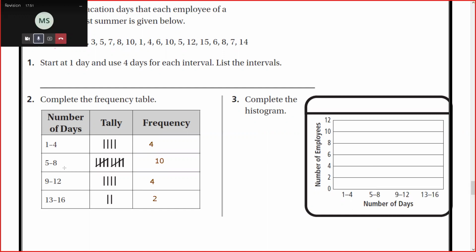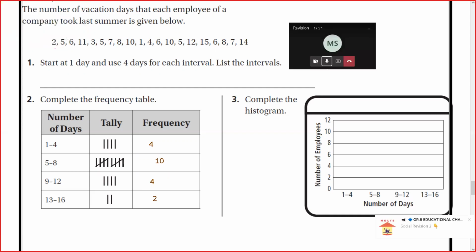From 5 to 8, count. How many numbers from 5 to 8? 5, 6, 7, 8.